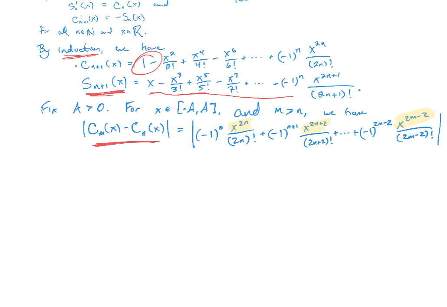Exponent to 2m minus. Sorry, Olivia, you were breaking up there. How does the exponent for the negative 1 get to 2m minus 2?